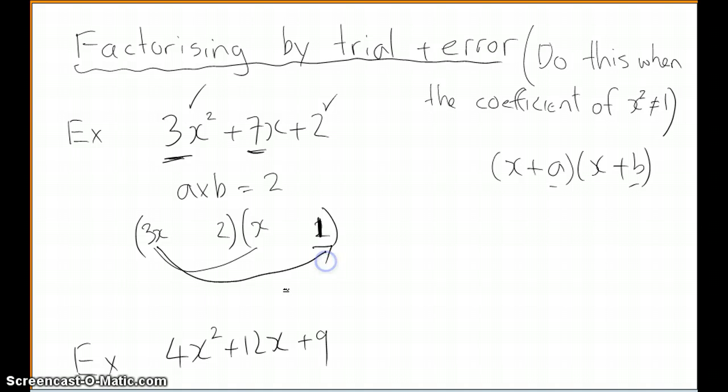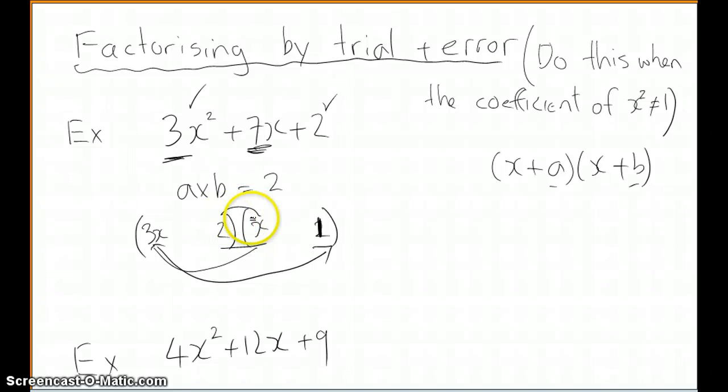3x times 1 is 3x, and 2 times x is 2x. Now that makes a total of only 5x. Okay, if you add 3x plus the 2x, you only get 5x, which is not 7x. So I must have something running the wrong way.